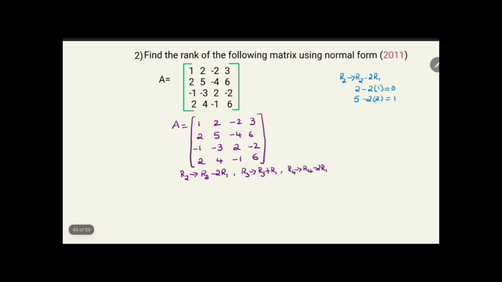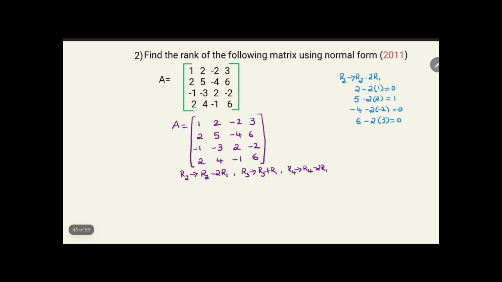The third element of R2 is minus 4 minus 2 into minus 2. Minus 4 plus 4 is 0. The fourth element of R2 is 6 minus 2 into the fourth element of R1, which is 3. So again 6 minus 6 is 0.